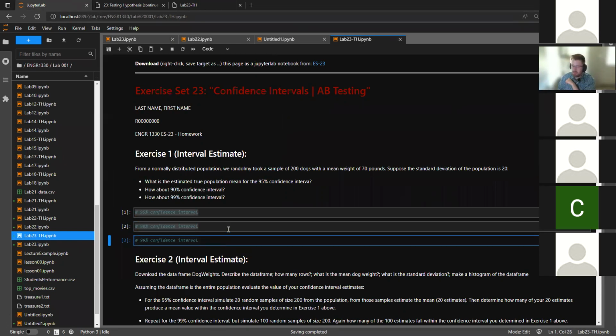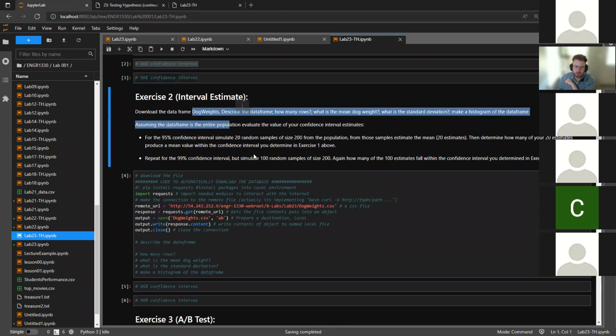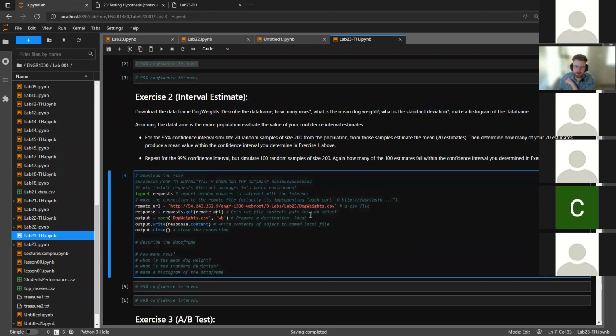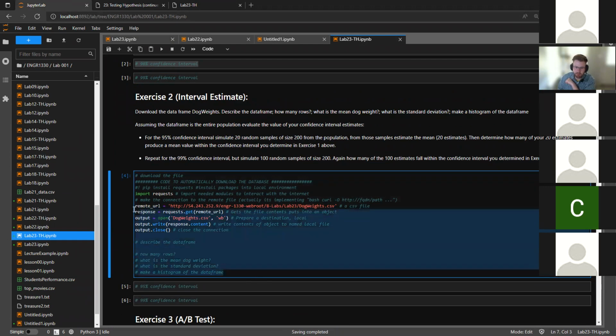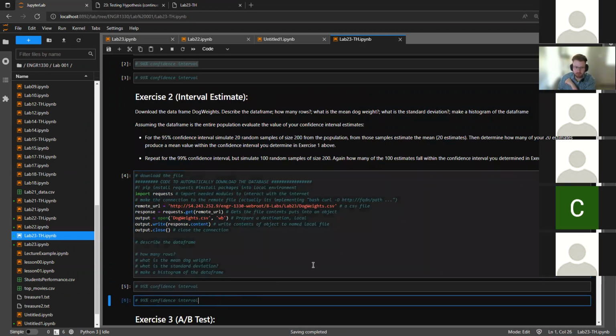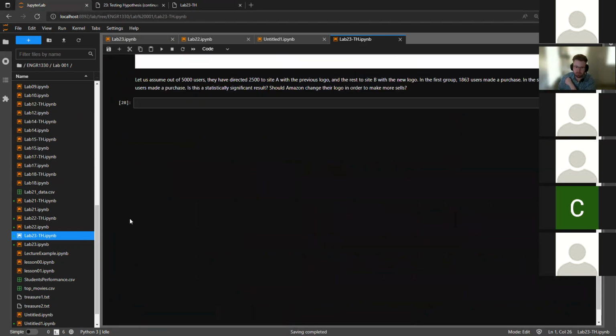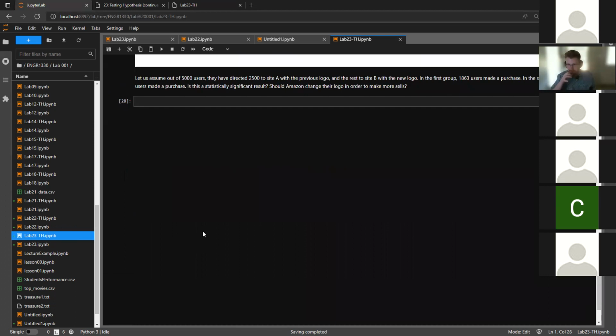Just make sure you change the numbers correctly. Exercise 2, you're going to have a CSV, and you're just going to be making some visualizations and getting the mean and standard deviation. You're going to be doing the same trick for 95 and 99%. And for exercise 3, I just showed you everything, so that one should be super easy.